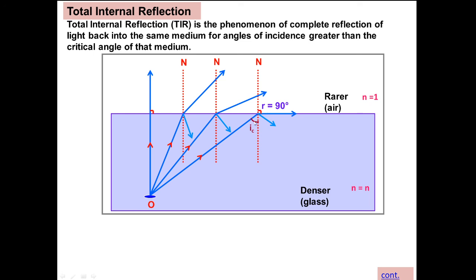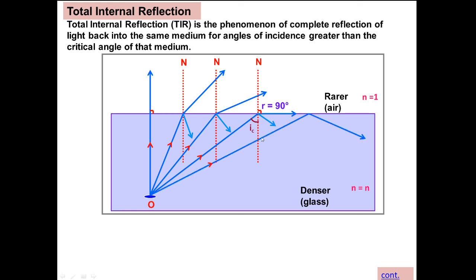So the angle of incidence at the interface of denser and rarer media for which the angle of refraction is 90 degrees, that angle is the critical angle. Once again, the angle of incidence for which the angle of refraction is a right angle is called the critical angle for that medium.